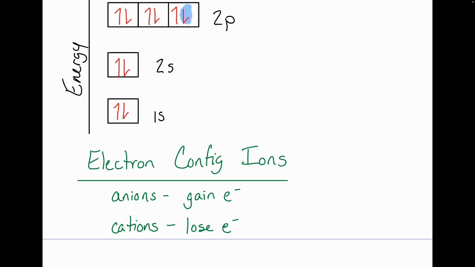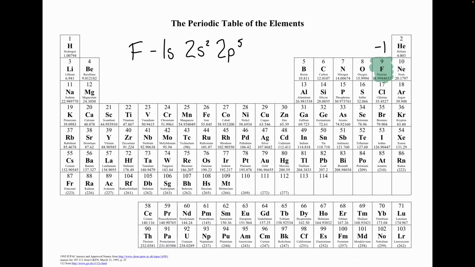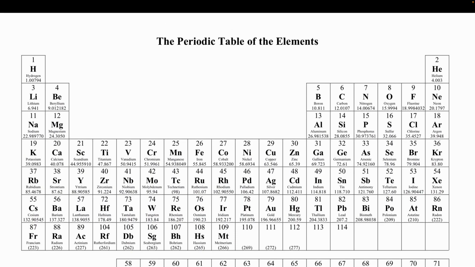All right, so then let's just see, for an example, let's take a cation. Let's do the same thing that we just did. I want you all to give me the electron configuration for sodium. And then, given that electron configuration, I want you to tell me what the electron configuration for the sodium ion is.